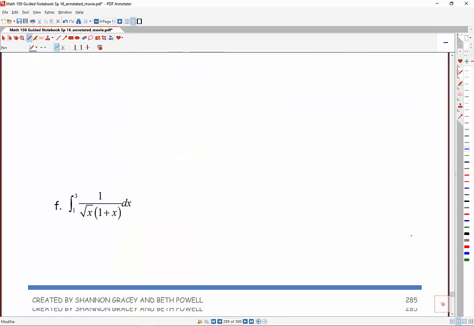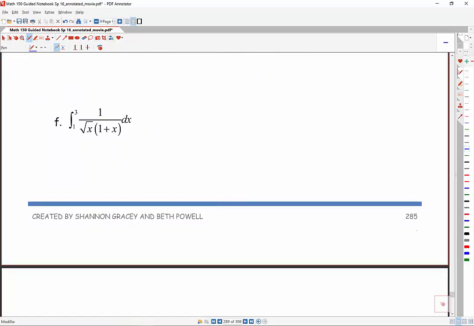Okay, so now we have a definite integral. So what do you think we ought to do for this one?